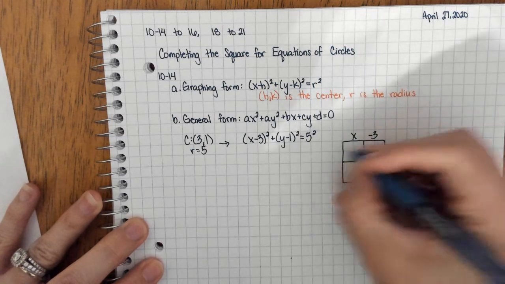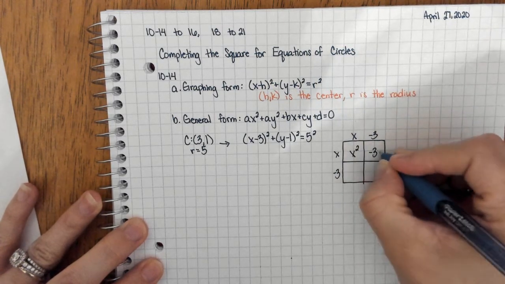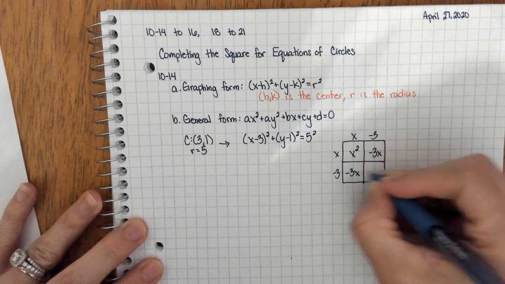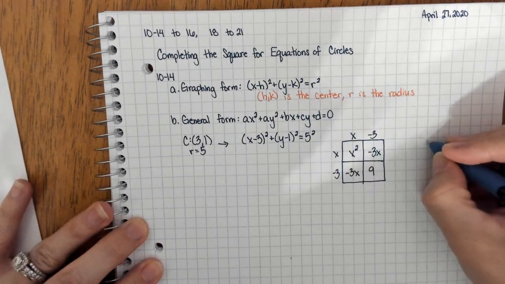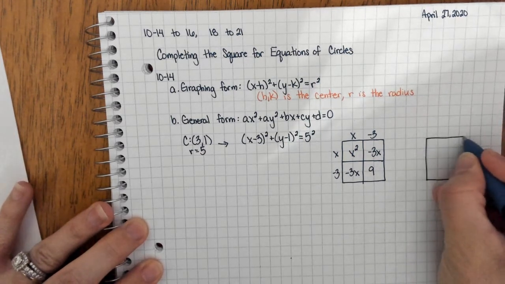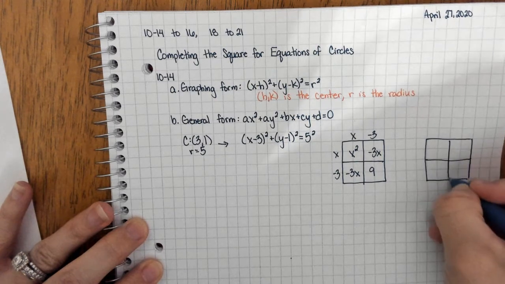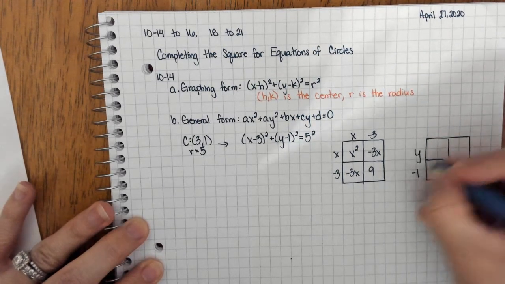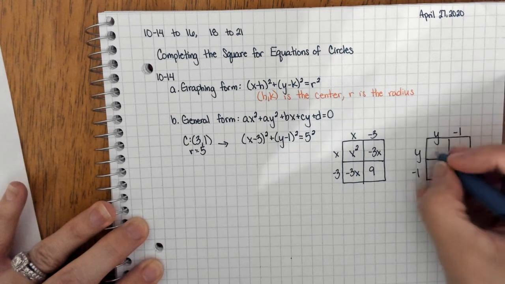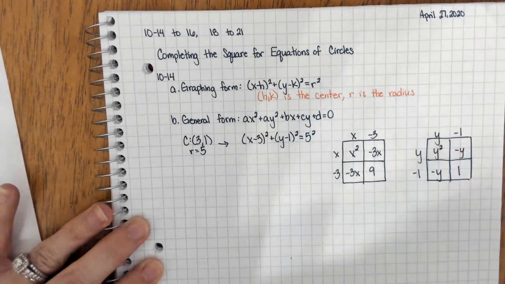So x minus 3 times x minus 3, x squared, negative 3x, and 9. Y minus 1 and y minus 1. We get y squared, negative y, and 1.